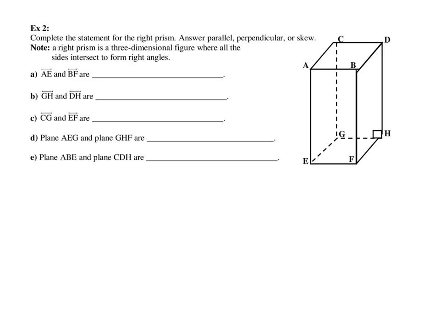Line AE and BF are going to be parallel. GH and DH, those are perpendicular.